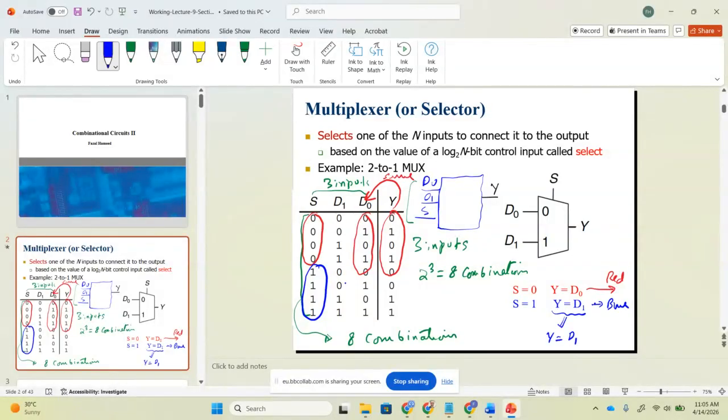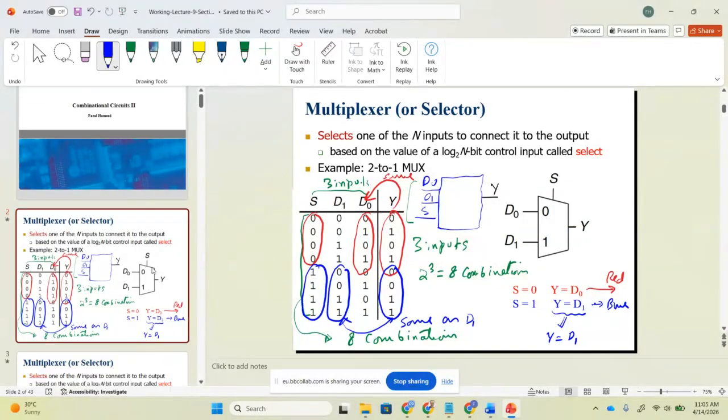And the value of D1 is this thing. So Y is the same thing as D1. Any question? Is it clear or not clear? Clear, Professor. Okay, very good.